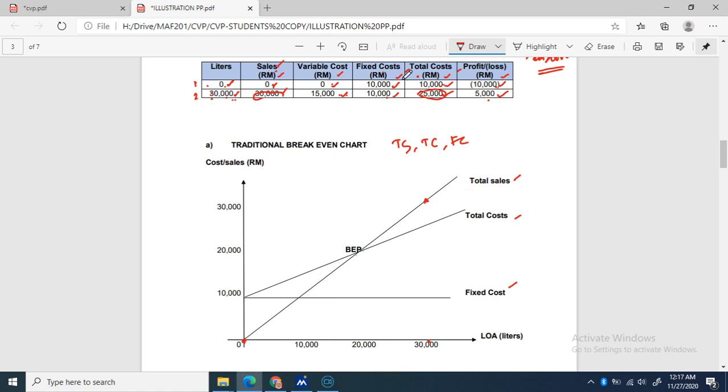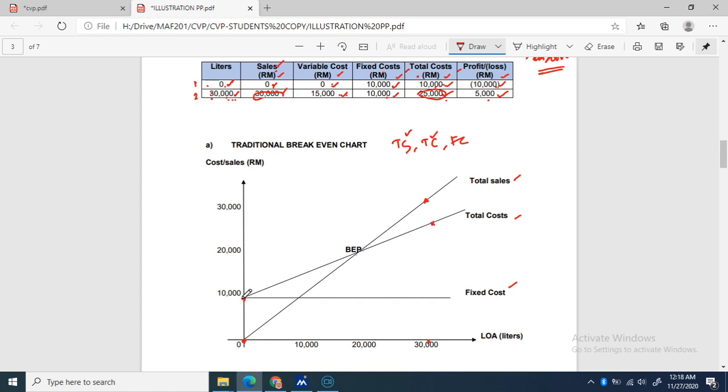Now we have the total cost line. At 0 liters, total cost is 10,000. So total cost is here. If it is 30,000 liters, how much is your total cost? The total cost is 25, about here.